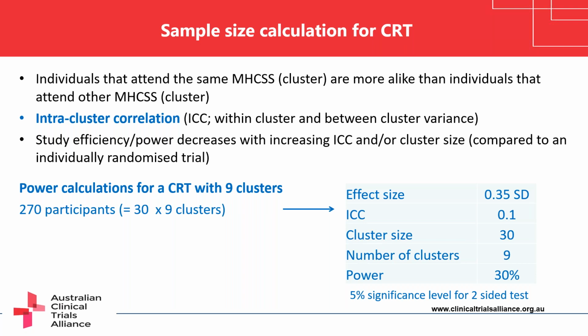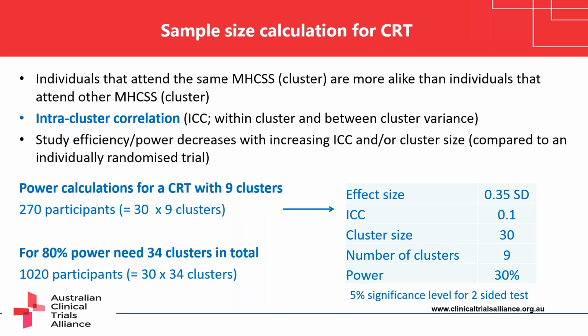So our cluster sizes themselves were quite small, and the number of clusters we had to randomize was 9. So all up, we would have 270 participants from 9 clusters. When you do the sample size calculations to conduct this as a parallel cluster randomized trial, our power would be very low.